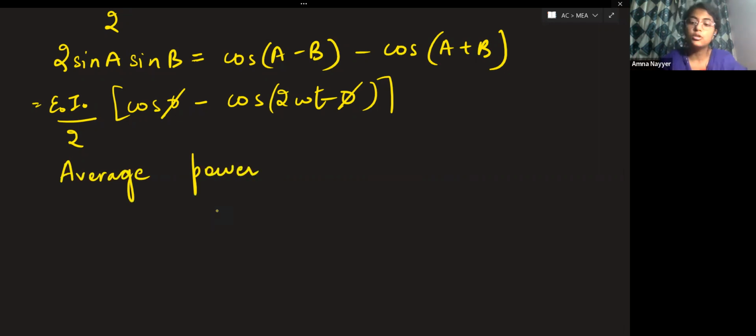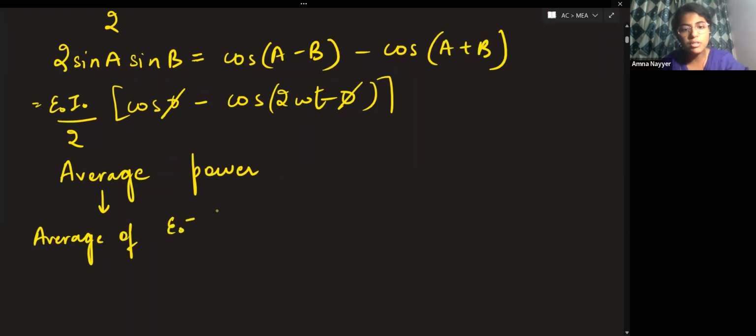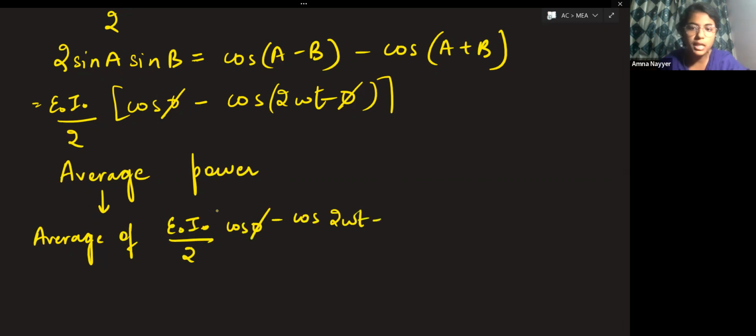Average power of this will be what? You have to take the average of this whole term, E naught I naught by 2 into cos phi minus cos 2 omega t minus phi. Average of this term, this you have to find out.